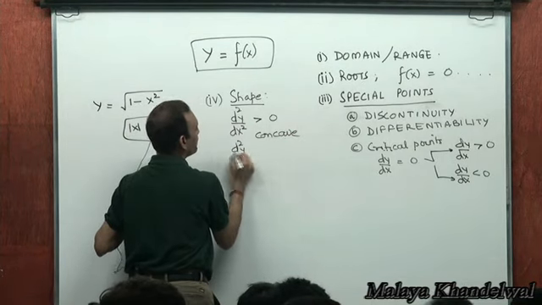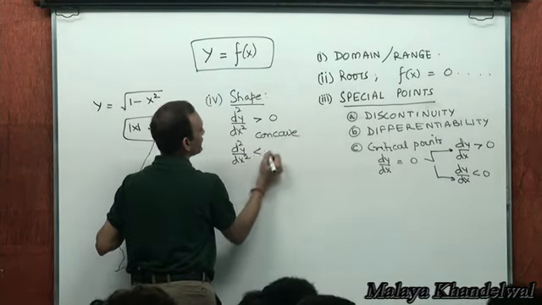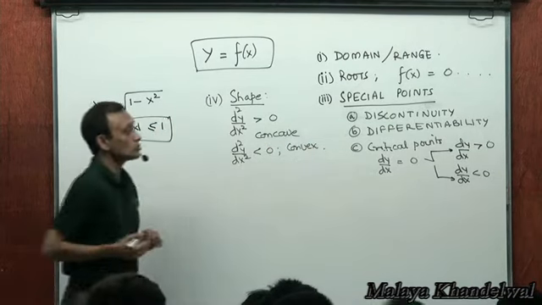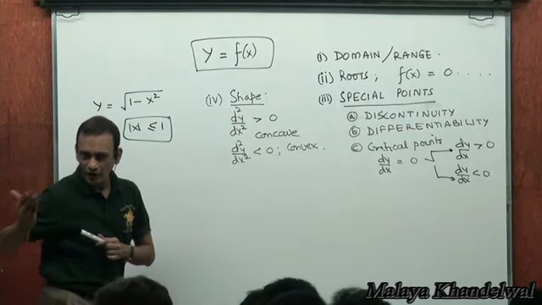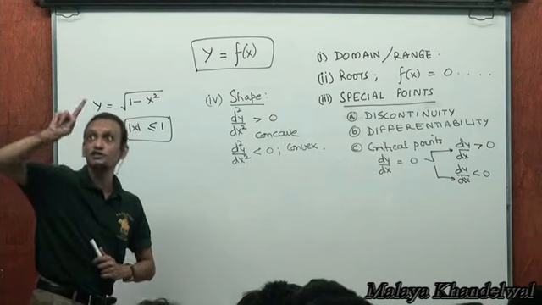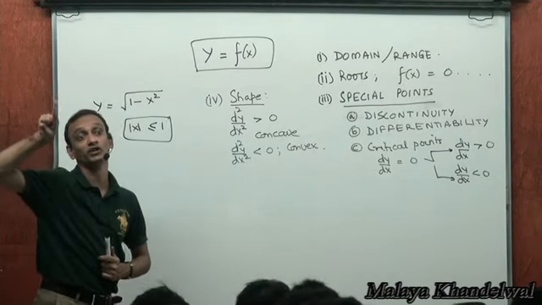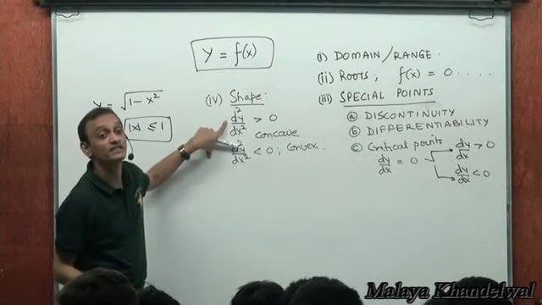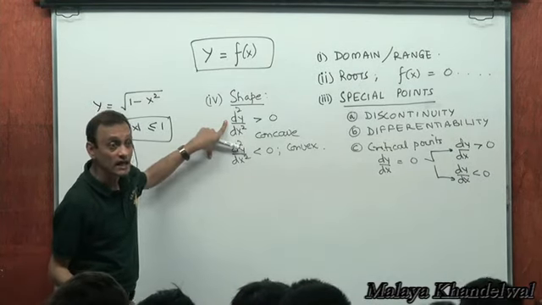If d2y/dx2 is less than 0, then in that interval the curve is convex, right? So further refinement of the curve would come once you give it a shape. You know the function is increasing, but whether it's increasing in a concave manner or in a convex manner would be determined by the sign of the second derivative.